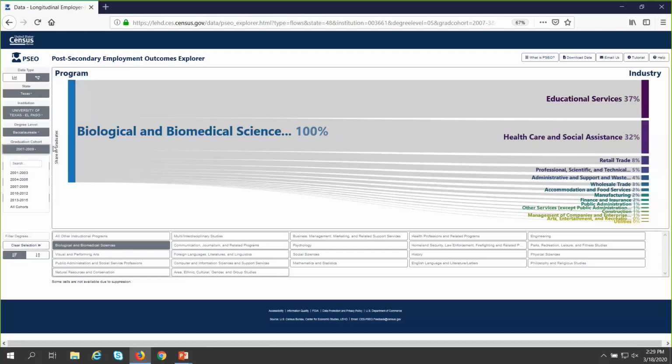So we wrestled with this a lot. We didn't want to penalize bachelor's degree granting institutions for having successful students that eventually get master's degrees by taking them out of the bachelor's calculations.